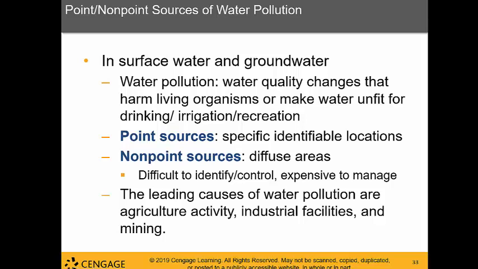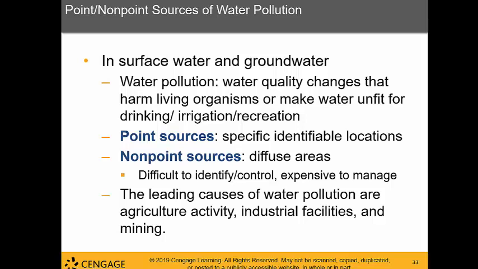Non-point sources are diffuse areas, where the pollution is spread out over a very wide area. So we don't always know exactly where this pollution is coming from since it's coming from so many different directions. That means it's very difficult to identify and control non-point source pollution, and it's very expensive as well.